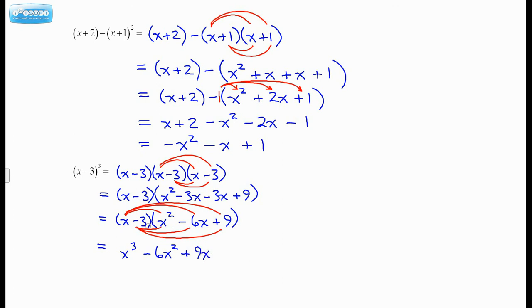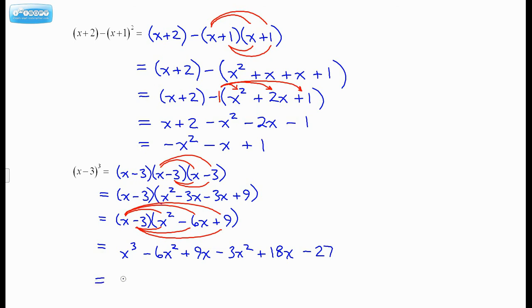Now I multiply everything by negative 3, so I get negative 3x squared plus 18x. Watch your signs. Remember, a negative times a negative is positive, and this is minus 27. All right, hard part is over.